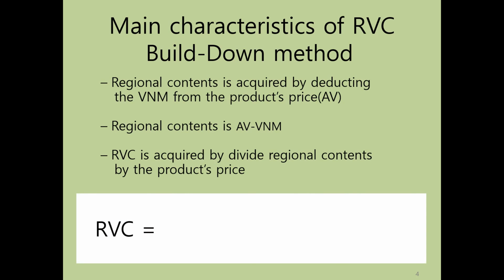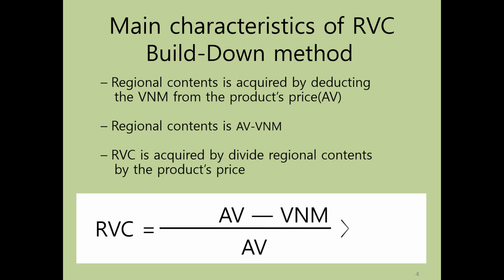RBC equals AV minus VNM divided by AV, and the rate of RBC should be more than the designated percentage. Let's think about what this formula means for a moment.